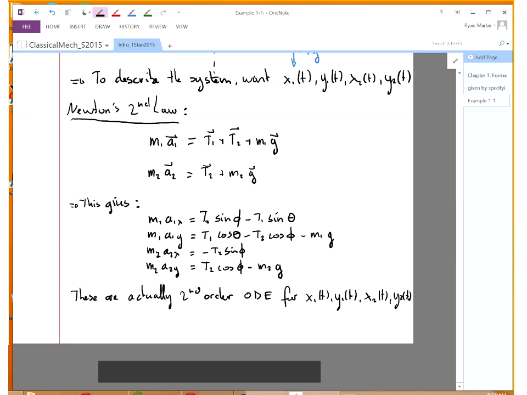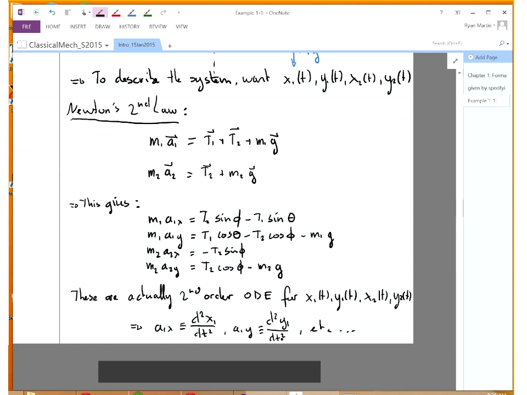Right? The reason these are second order differential equations is that a1x is defined to be d squared x1 by dt squared. a1y, is up at 3 equal signs, is d squared y1 by dt squared, etc. So these are 4 ordinary differential equations that specify the second derivative of our functions with respect to time.